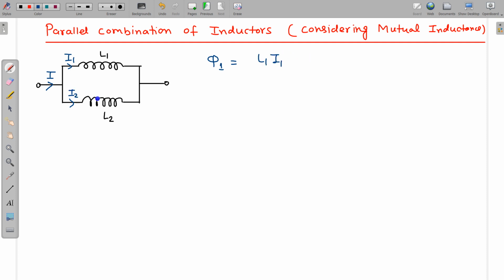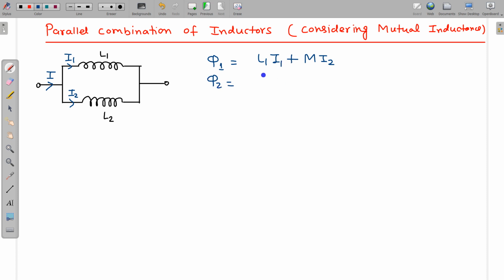Due to the mutual current, the flux may be in the same sense, or the same direction of magnetic field, or it may be in the opposite sense. I am assuming that due to mutual inductance, the flux is in the same sense as L1 I1. So I have to write plus M I2. I am assuming that mutual inductance is supporting the flux, so it will be plus.